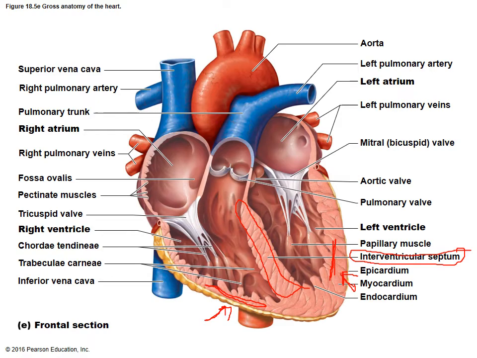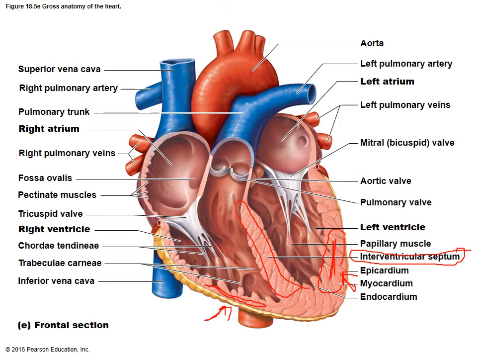Since the right side of the heart only concerns itself with the pulmonary circuit, it doesn't have a long way to travel. It doesn't have to generate a lot of pressure. So we see that the myocardium is relatively normal size. The left side of the heart, on the other hand, has to create so much pressure to allow the blood to flow through the rest of the body that its myocardium works a little bit harder than the right side.